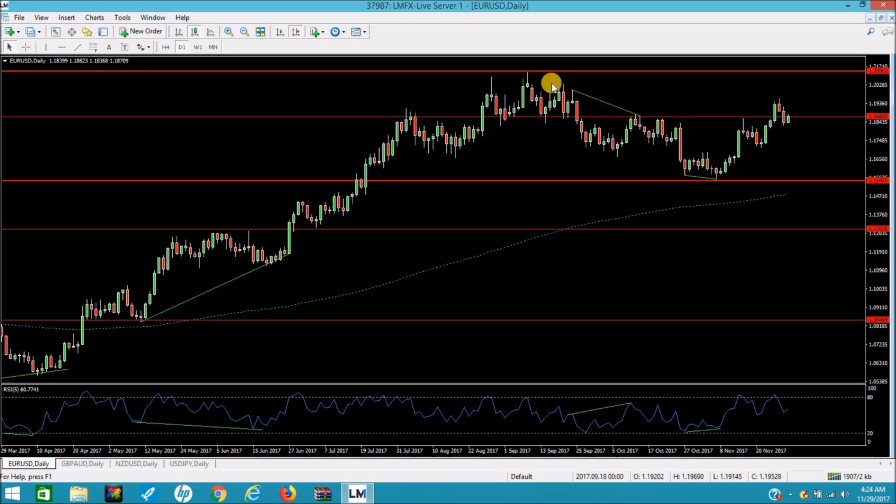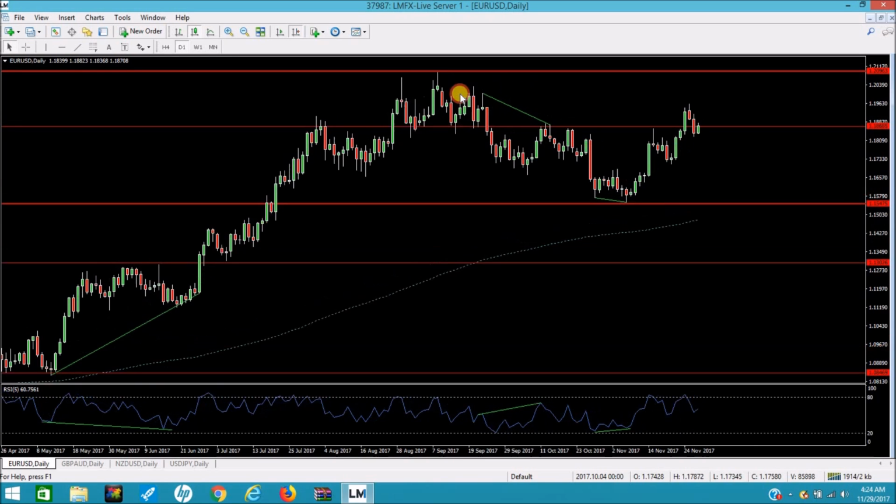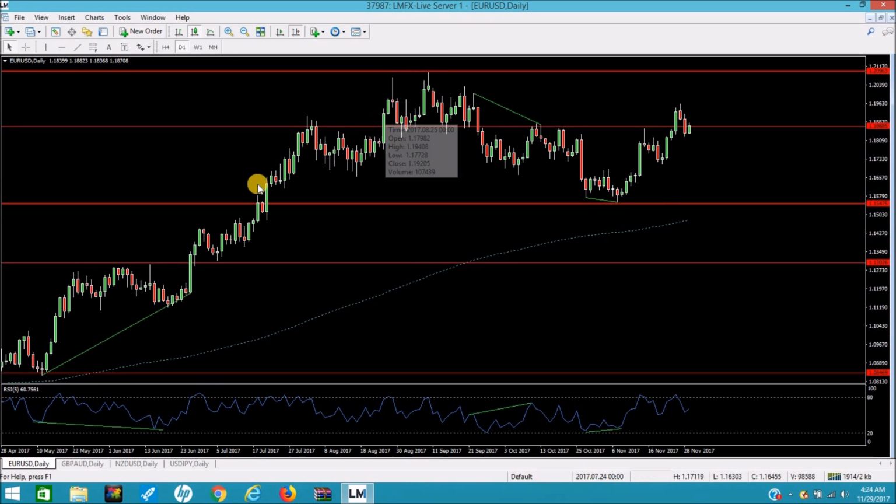But we didn't get any bearish divergence at the top. As we do know, price is now in a down move. After this big up move, price became in a downtrend: lower highs, lower lows, which we have here.